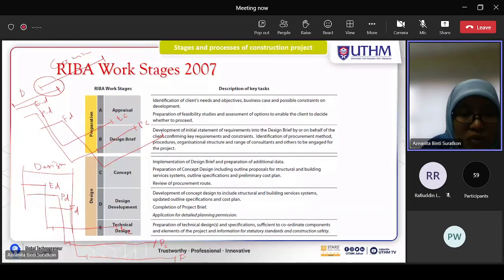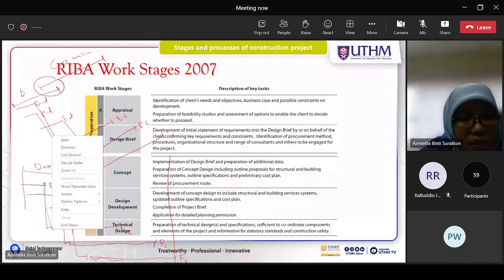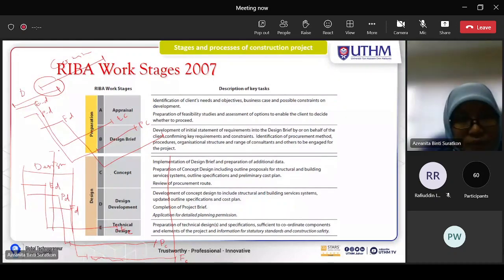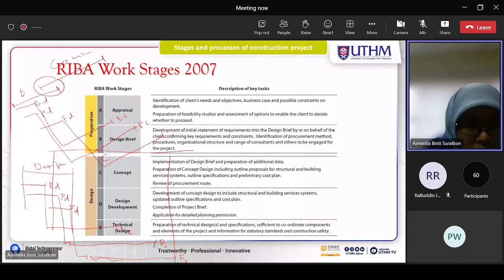This is an example, maybe not necessarily exactly this, but here is construction: construction for earthwork, construction for pavement, construction for road furniture. The construction starts here, for example, with the earthwork. You can see the design goes from here to here.